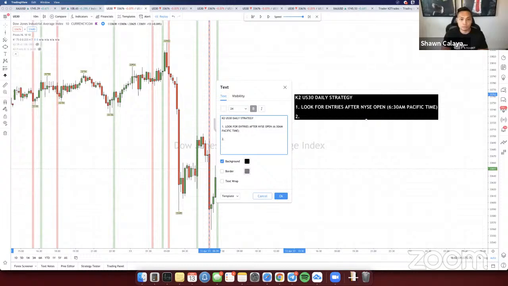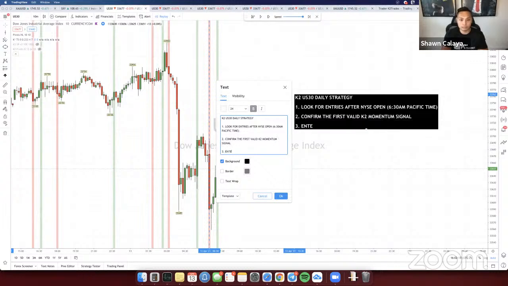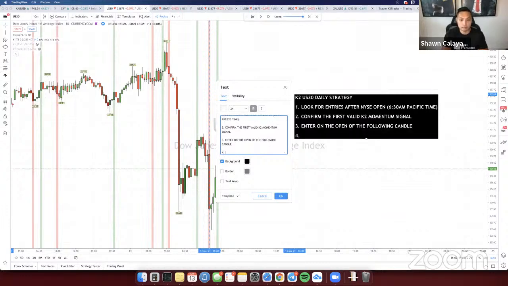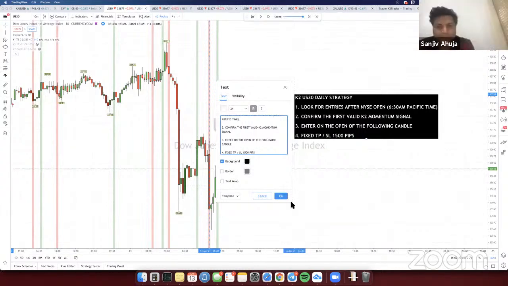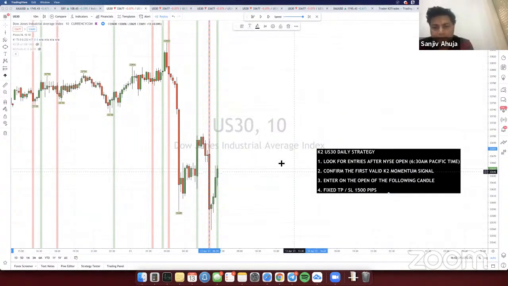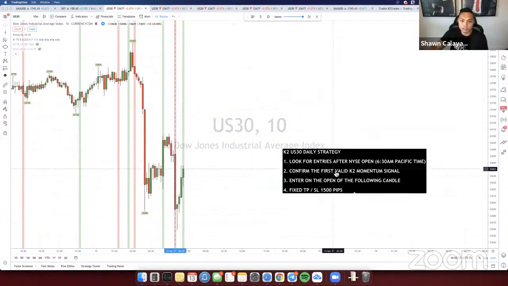And then after that, you just want to confirm the first valid K2 momentum signal. And then after that, you can enter on the open of the following candle, with a fixed TP and stop loss of 1,500 pips. Yeah, so this is the big one because it's a daily strategy. You only do it once a day.